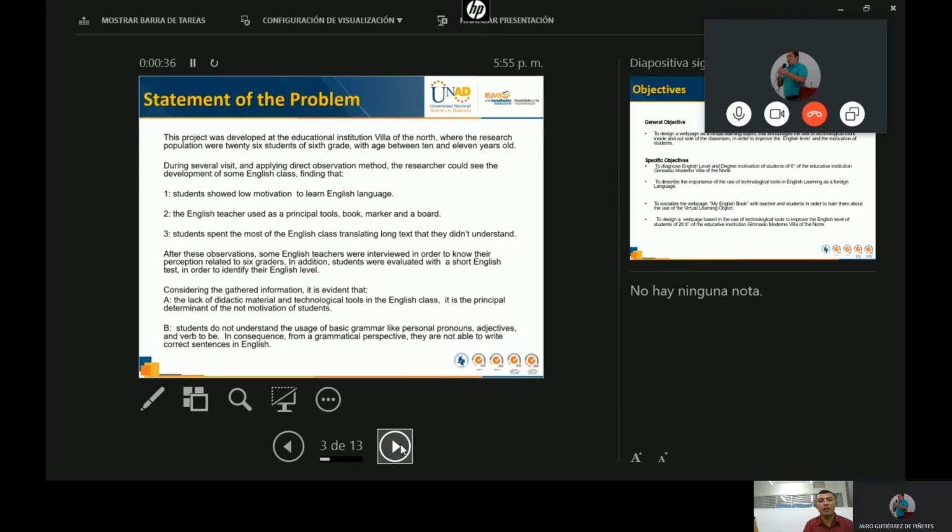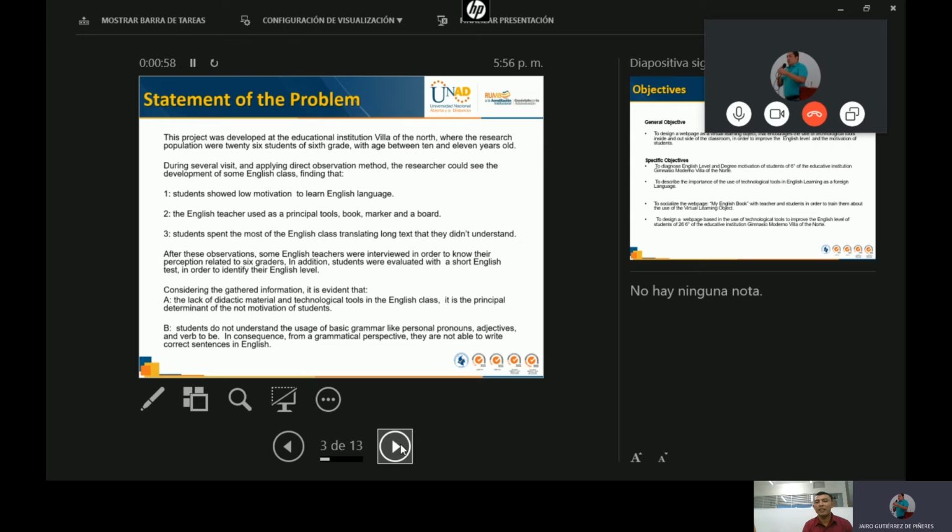During several visits and applying a direct observation method, researchers could see the development of some English classes, finding that the students had low motivation to learn the English language. The English teacher used as principal tools books, marker, and board.